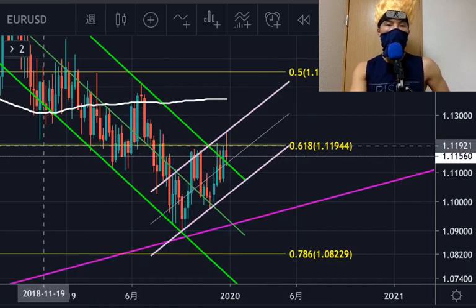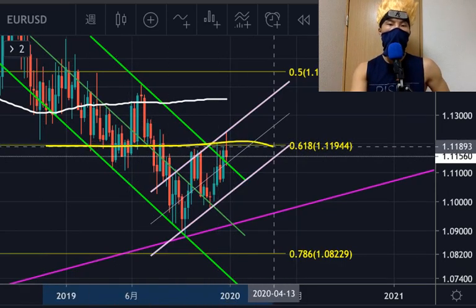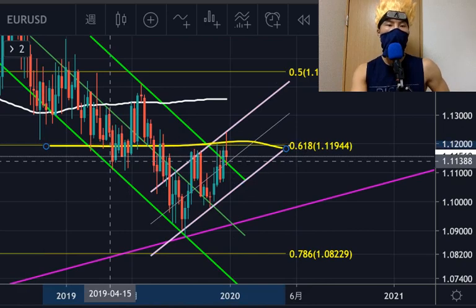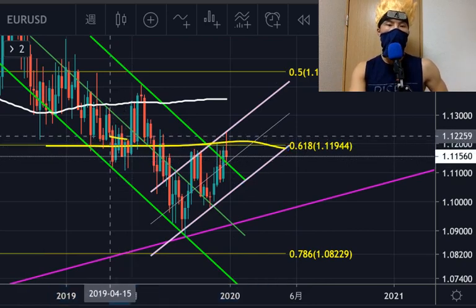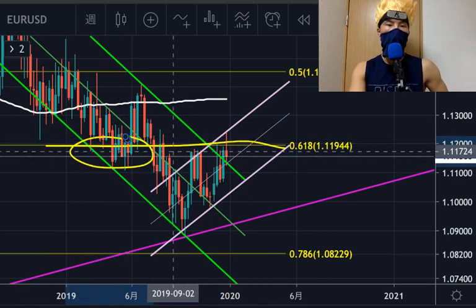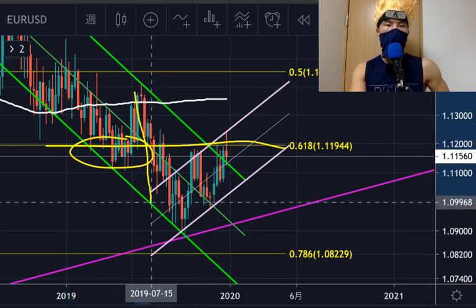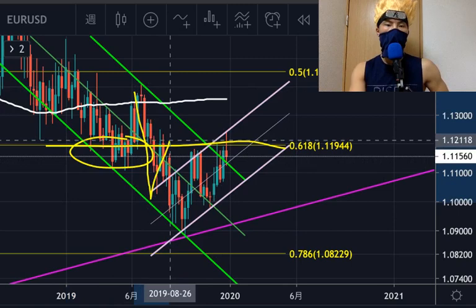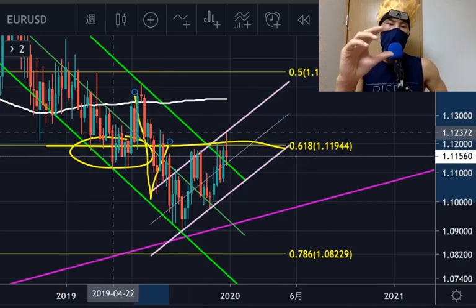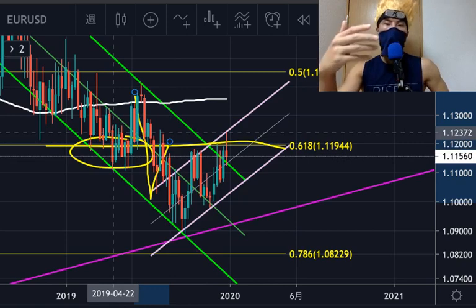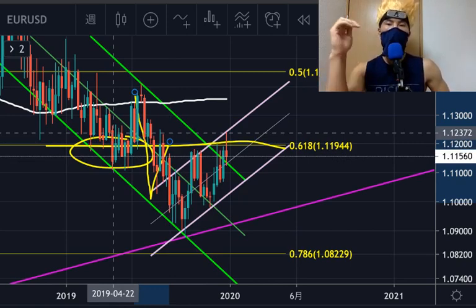This 112 level has been a focus for a long time. In this scene, it was a support, and it broke this level, broke and one touch. So check the change of support to resistance.